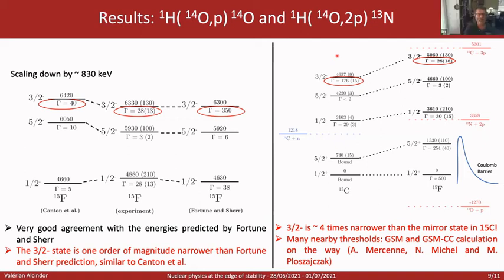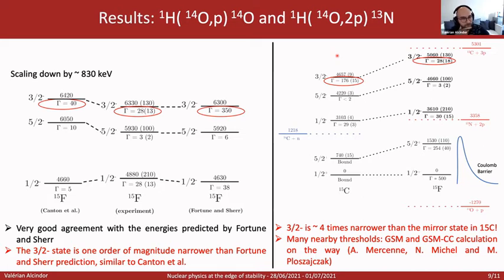Did Fortune calculate only one 3½ minus? If I remember correctly, yes. Yes, because above it was more. No, I think it didn't calculate the positive parity state.